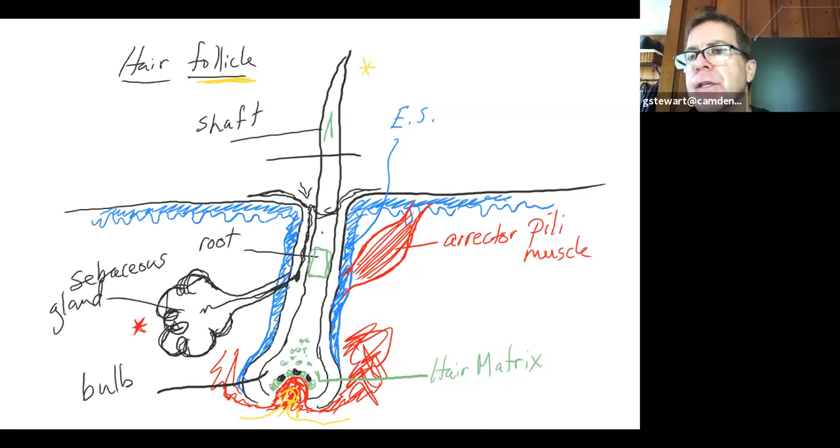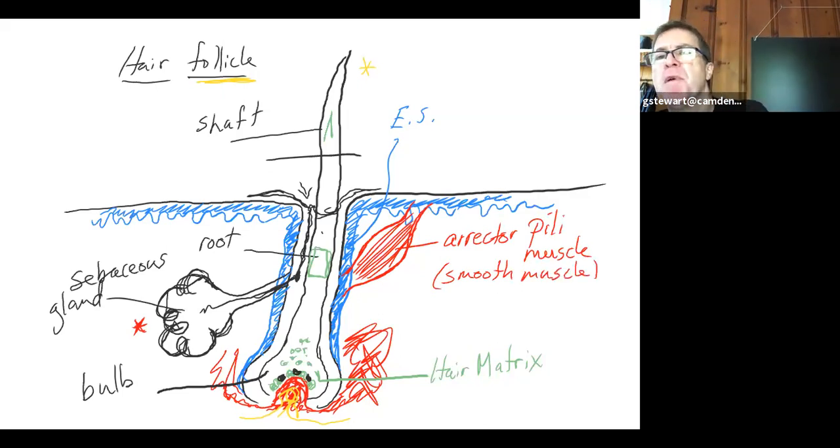And that muscle is a smooth muscle. That means we don't have conscious control over its contractions. So it's a smooth muscle. The sympathetic nervous system regulates the contraction of this muscle as well. And when it contracts, it causes our hair, here's the surface of the skin.